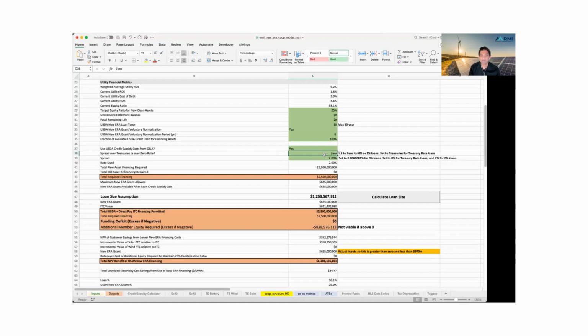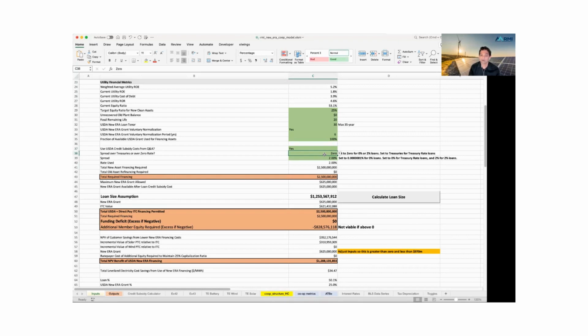Now, there is still some controversy around the particular choice that USDA is making for how that loan volume translates into some portion of the $970 million, in particular for treasury rate loans.